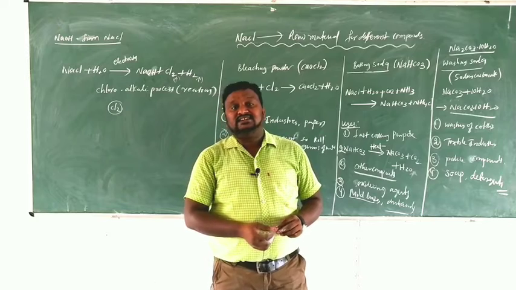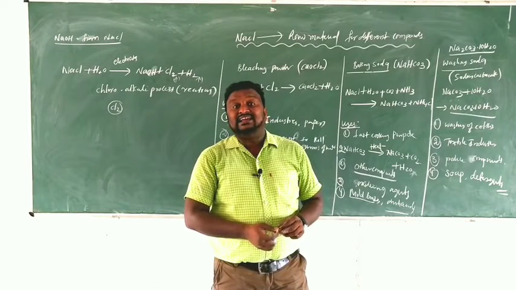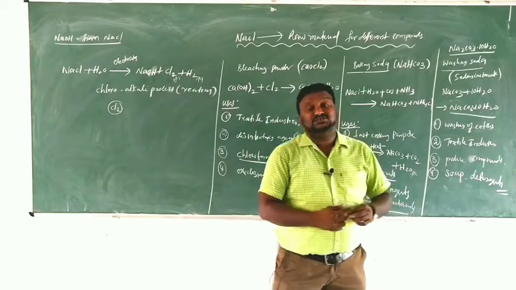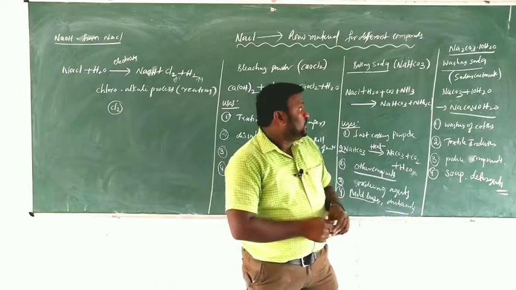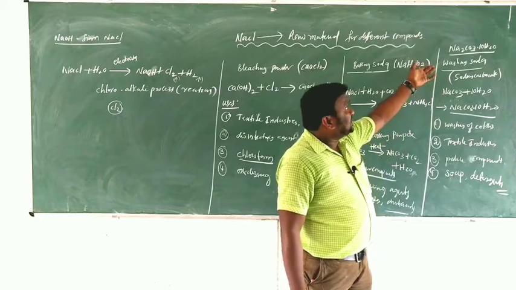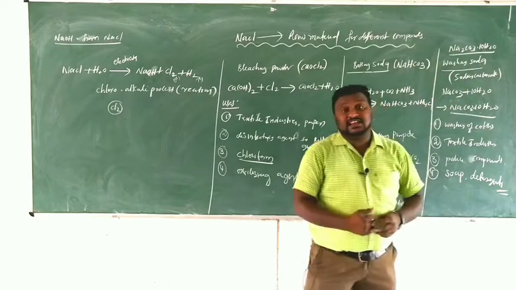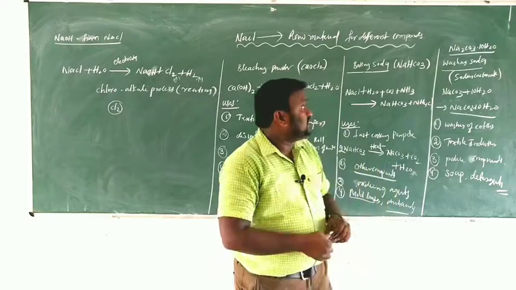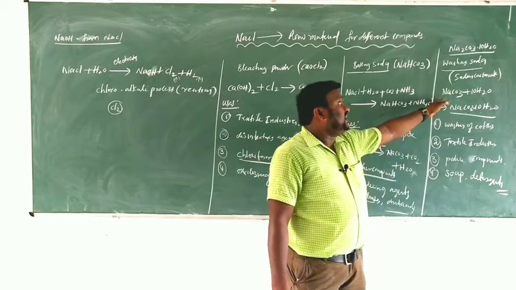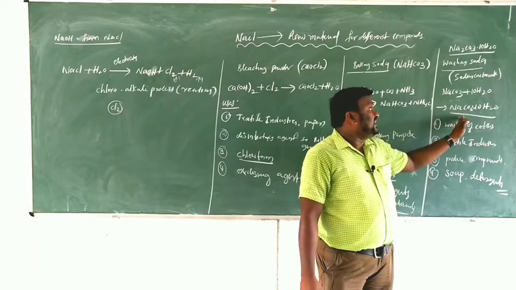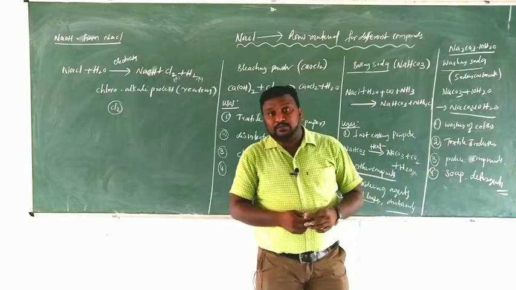In soap industries and glass industries we can use washing soda. Clear? The chemical formula of washing soda is Na2CO3.10H2O. How do we get it? Sodium carbonate plus 10H2O gives Na2CO3.10H2O.